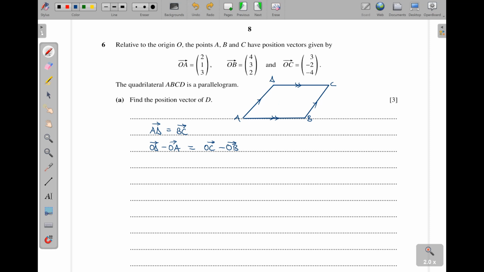Now, that means our OD is going to be equivalent to OA plus OC minus OB. And all of these are given. So OA is (2, 1, 3), OC is (3, -2, -4), and OB is (4, 3, 2).